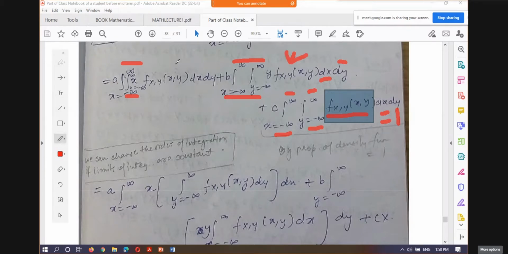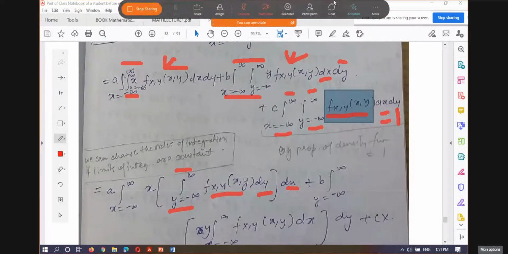And since here x is there, I integrate with respect to y first. So I change the order of integration. I take x outside and integrate from minus infinity to plus infinity the joint density function of x, y dy, and then later I integrate with respect to x.